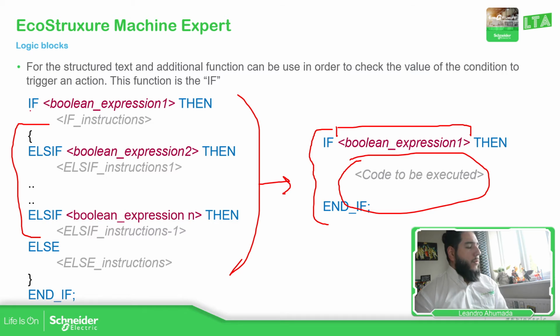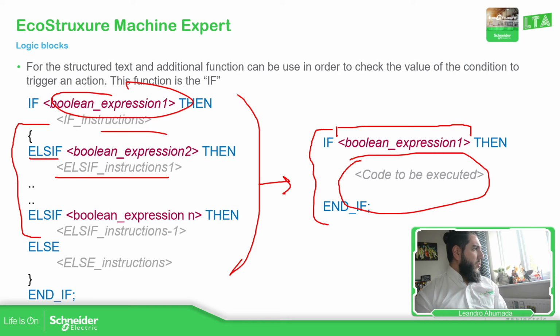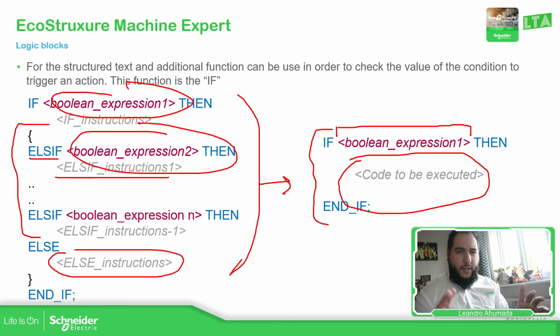So in case you want, for example, if the temperature is bigger or the temperature is equal, you can select another else if and then execute another kind of code. Or if you want all these conditions to be different, you can execute this else. That's the idea.